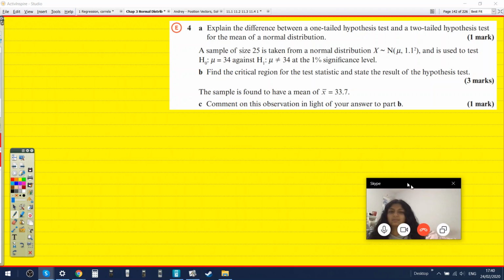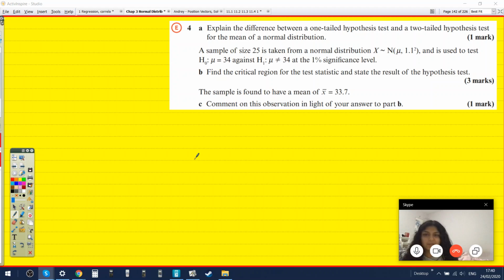Okay, let's try this one. Find the critical region. You don't know what mu is? Oh, you do know. They word them quite strangely. It's two-tailed again, so you do one tail and then the other one. 34 and then 1.1, wait, no, not 1.1, 1.1 over root 25.